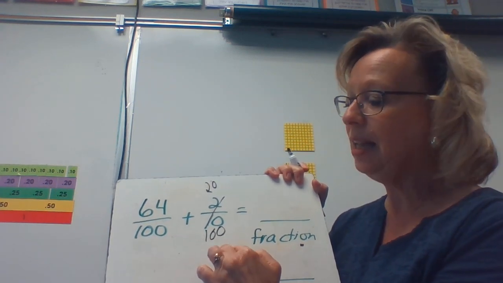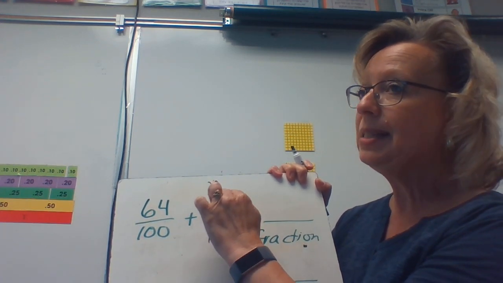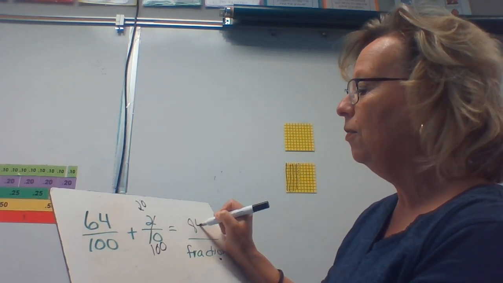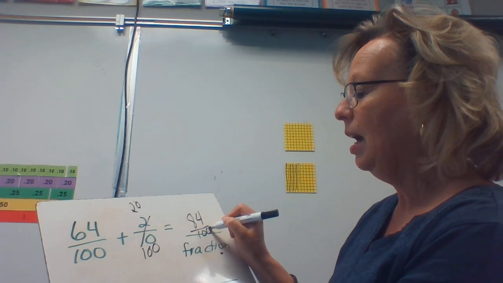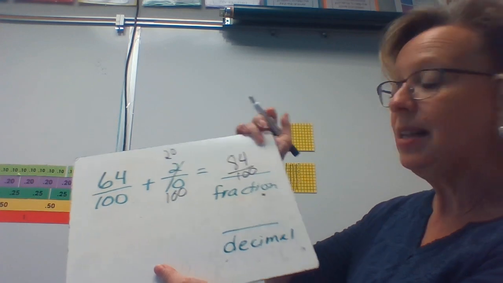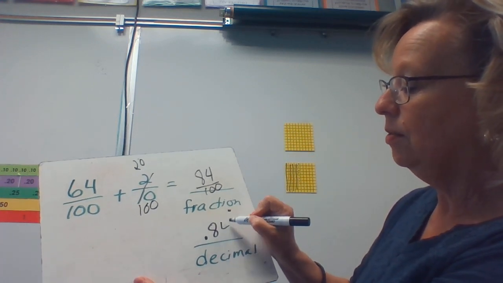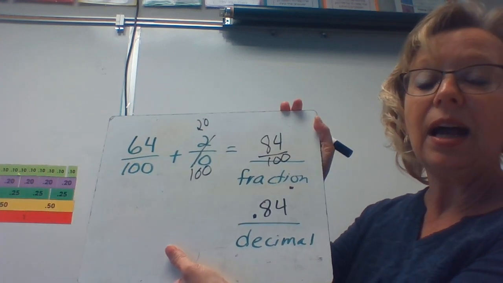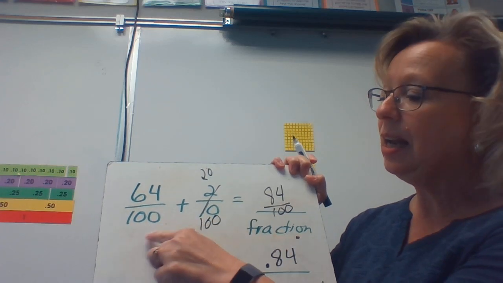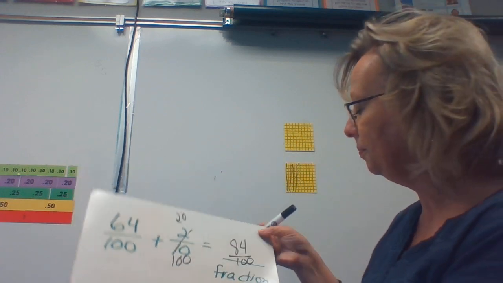I have to change my tenths to hundredths. So 64 pennies plus 20 pennies would be 84 pennies out of 100. So there it is as a fraction. And if I want to write that as the decimal, 8 dimes and 4 pennies, or 84 hundredths. So remember, when you're adding fractions, you can't add hundredths and tenths, pennies and dimes together. You have to make everything into pennies.